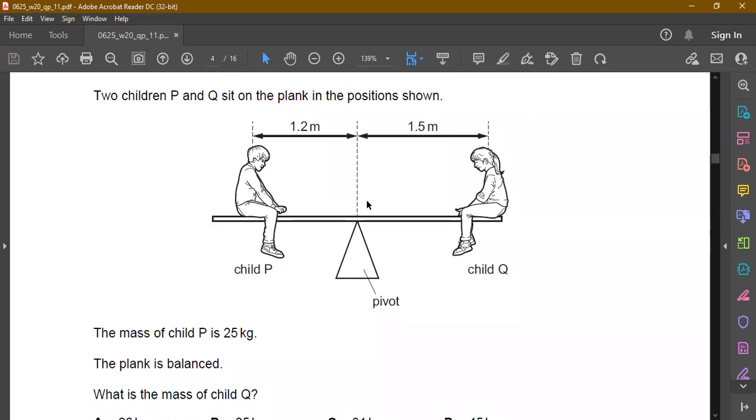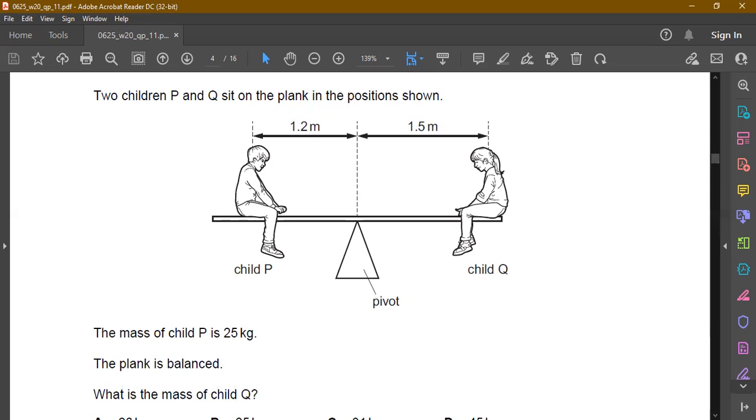This question is talking about turning effect. Because it's balanced, the turning effect on both sides has to be balanced also. Yeah, it has the same magnitude. So when the mass of child P is 25 kilogram, you can just multiply by 1.2 meters to get the turning effect.